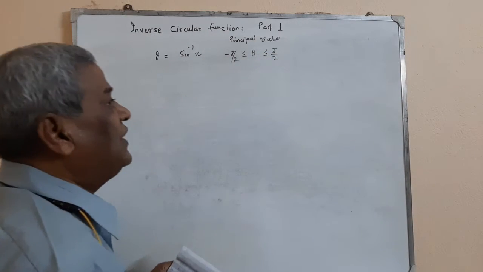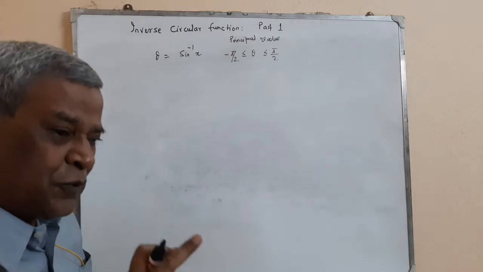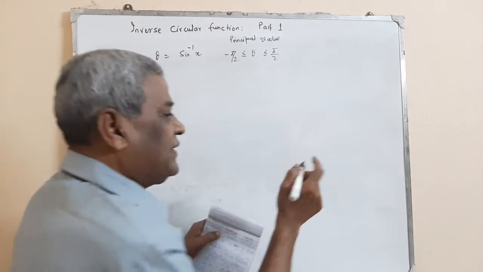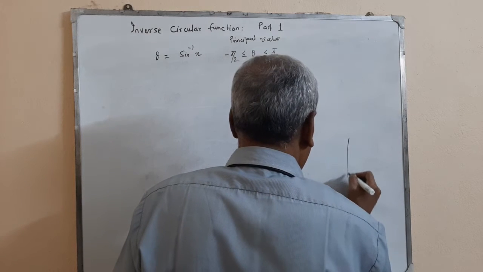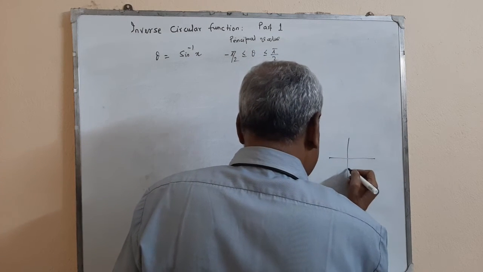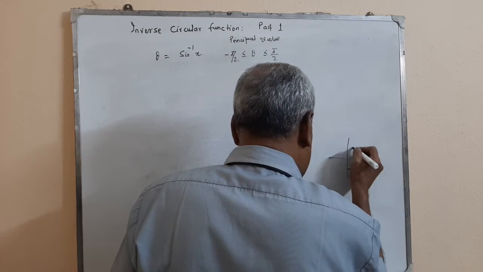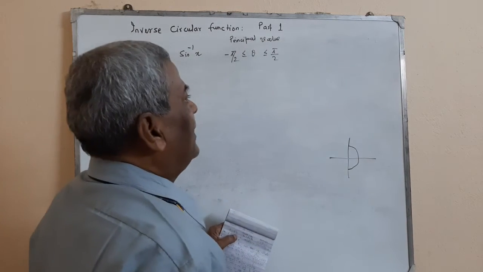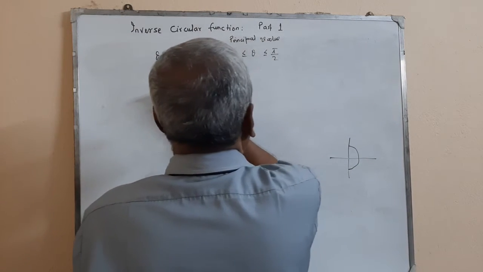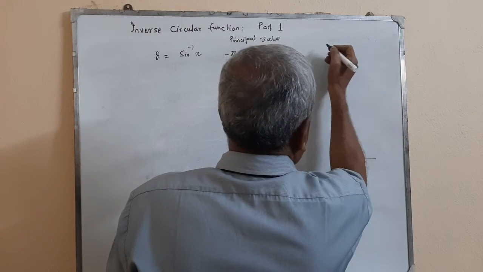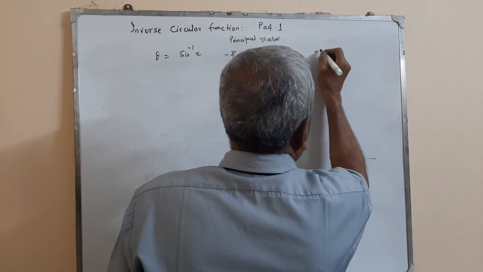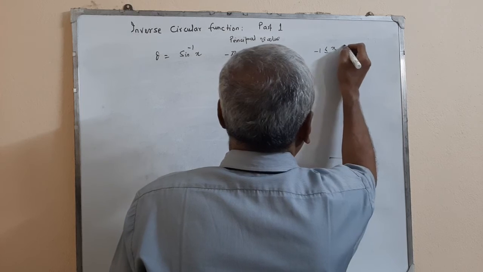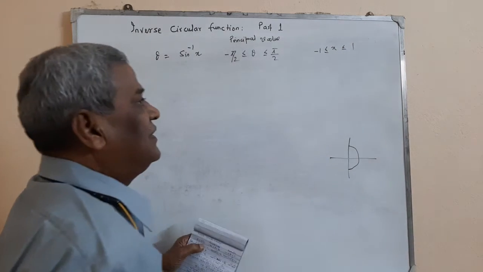That is, it is between the fourth quadrant and the first quadrant. Minus pi by 2 is here, pi by 2 is here. And the domain of x is minus 1 less than or equal to x less than or equal to 1.